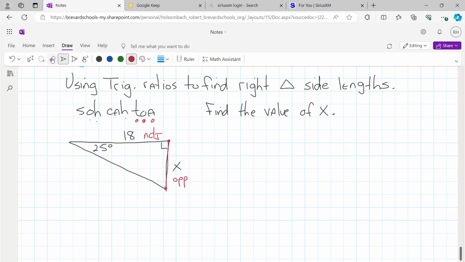So you write this equation. You write tan, short for tangent, 25 equals the opposite side, which is x, over the adjacent side, which is 18.